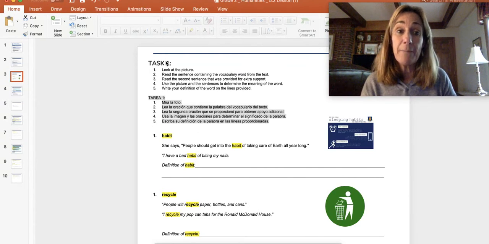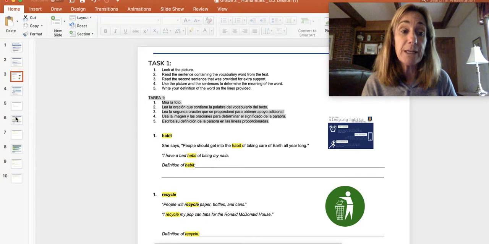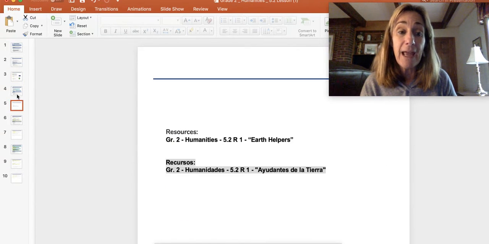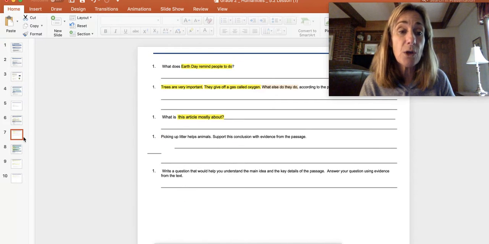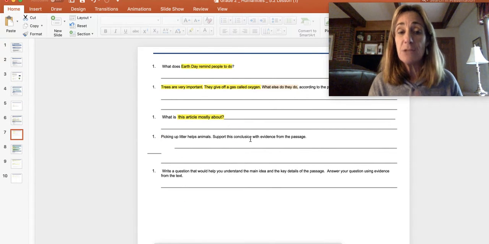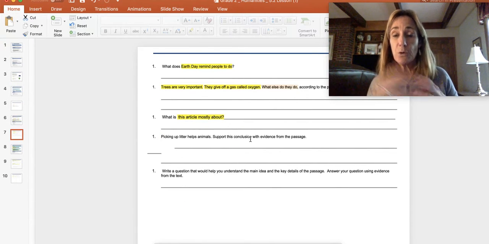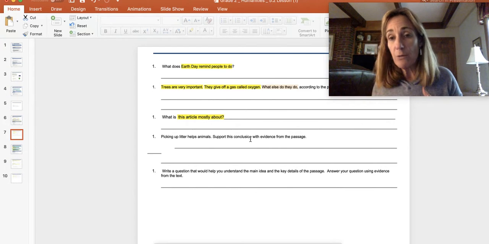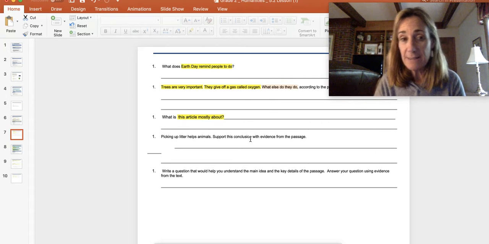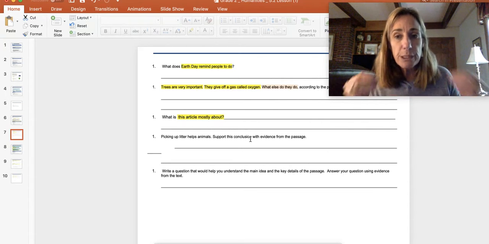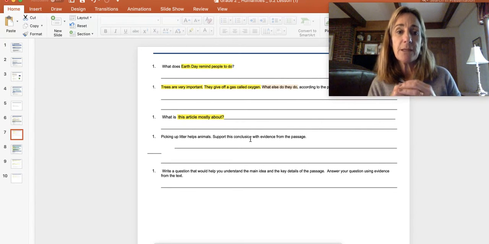You go back on the second day and you read the article again, and then you're going to go to the questions, which is on this page. So you're going to make sure you have the article right there, so you can go back and make sure you're getting the evidence from the text and write really good responses to this.